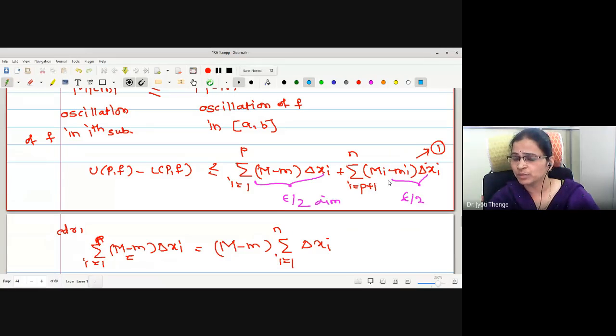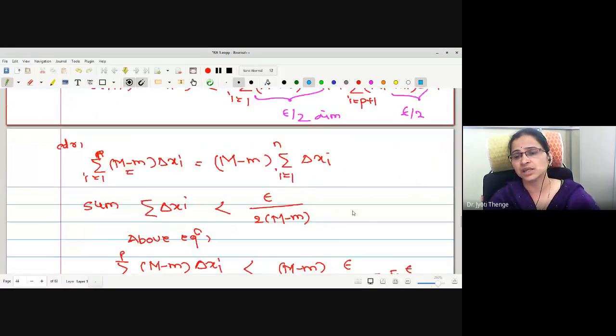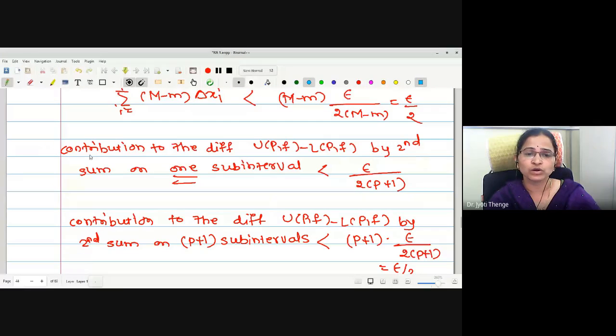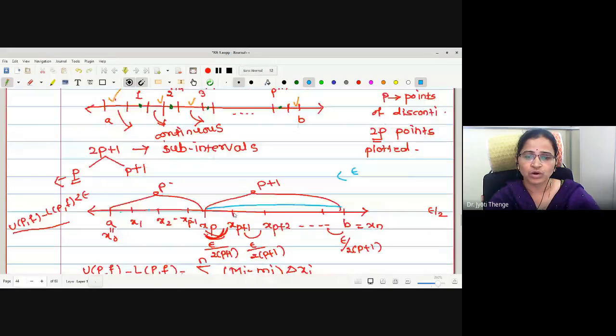Over the remaining P plus 1 subintervals, no doubt the function is continuous, hence integrable. Therefore, the contribution to UPF minus LPF can be made less than epsilon by 2. To make this less than epsilon by 2, we find the contribution by one subinterval on which the function is continuous. Why are we writing on one subinterval?